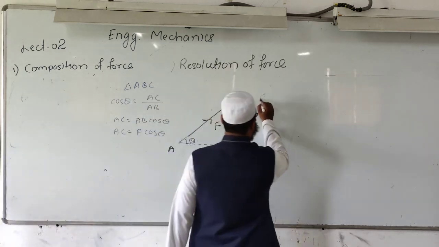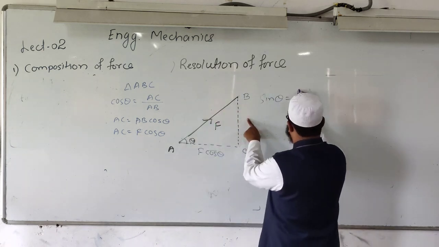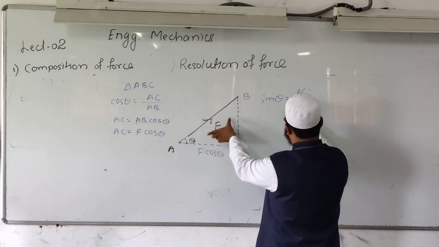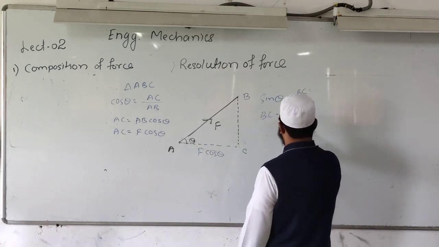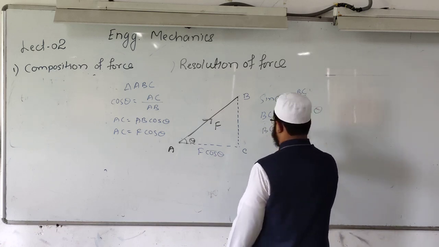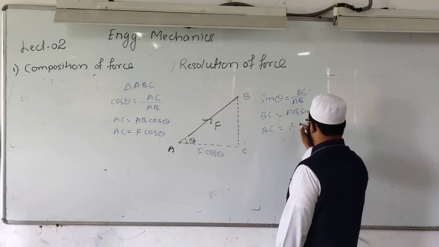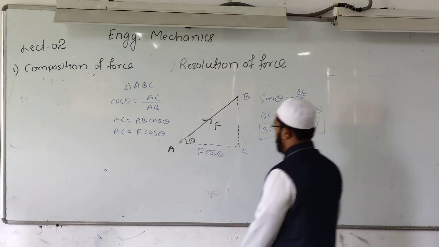Similarly, if you apply sin theta equals opposite BC upon AB, therefore BC equals AB sin theta, and AB is F, therefore BC equals F sin theta.